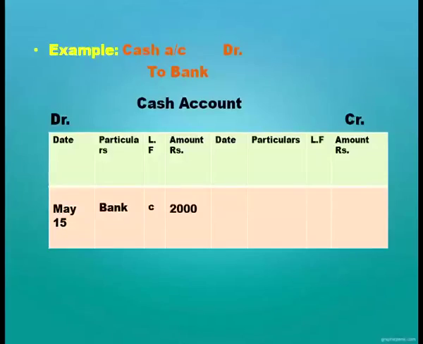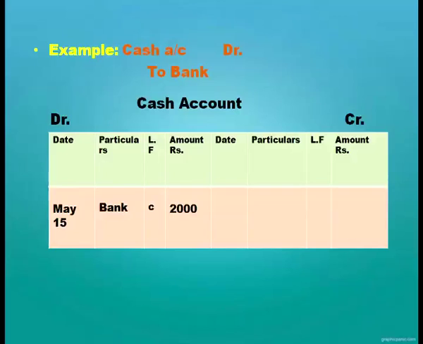Same transaction: in the bank column, "By Cash" is written on the credit side. See how the same entry is posted on the debit side if you open a cash account. In the cash account, you will write "To Bank", and the amount is in the amount column of cash.